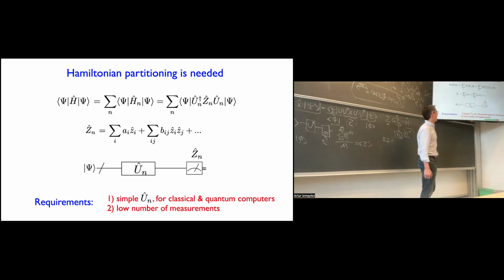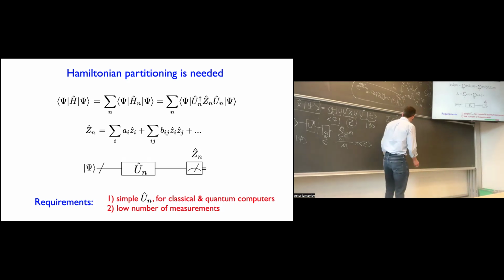how we construct the expectation value of H, right? And then the second requirement, which is not very clear at this point how to satisfy, is that ideally, we want fragments where the number of measurements you need to do to get the accurate expectation value is not too large, right?